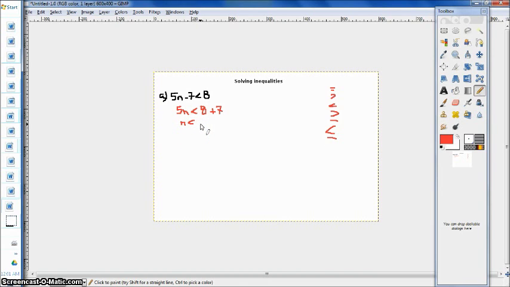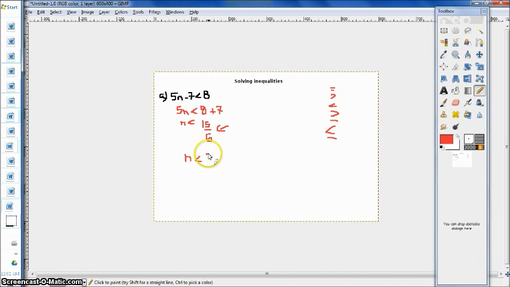5n is less than 8 plus 7, which is 15. Actually, 15 over 5, because my next step is using the factors, or dividing, to solve for x or n or whatever the variable is.